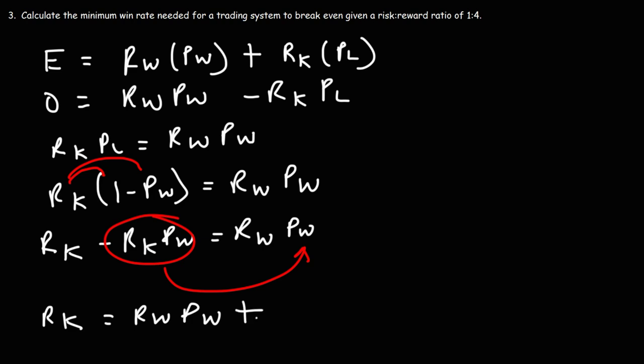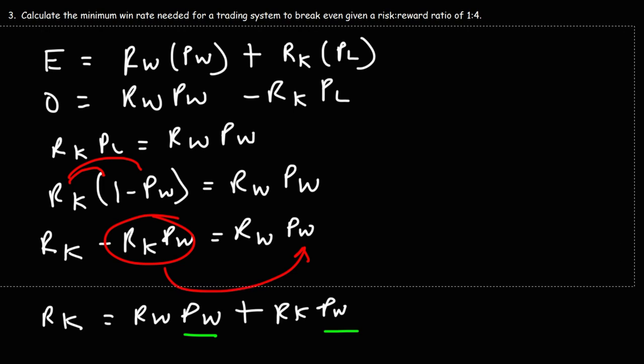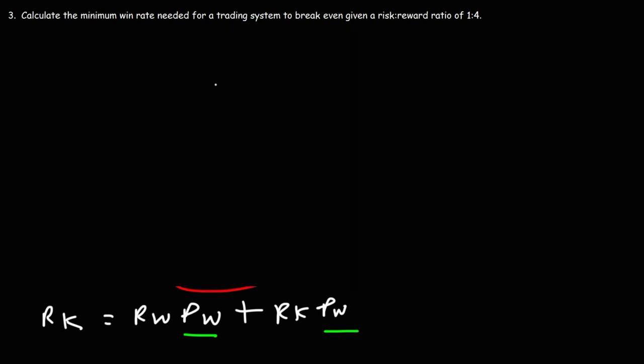So we're going to have plus RK PW. Next, we're going to factor out PW. So we have RK is equal to PW, and then we're left with RW plus RK.